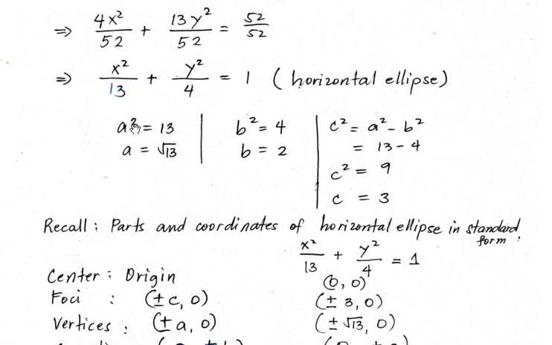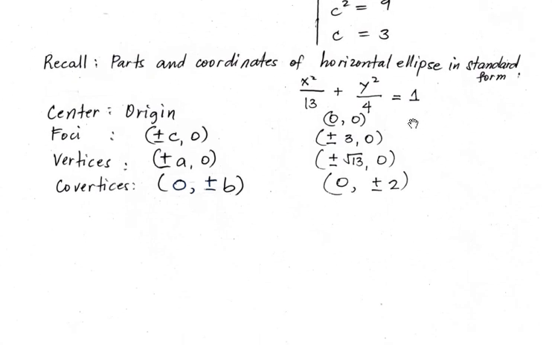So a squared equals 13, giving us a equals square root of 13. B squared is 4, giving us b equals 2. Solving for c, c squared equals a squared minus b squared. Then we have c squared equals 9. C is 3.